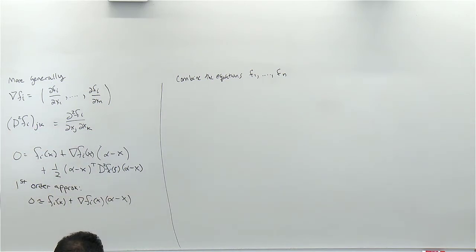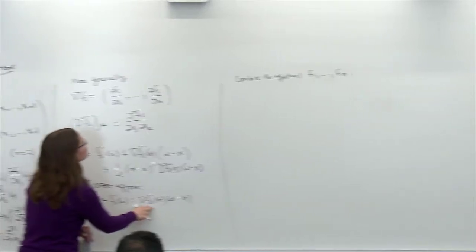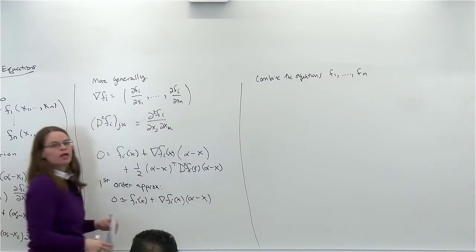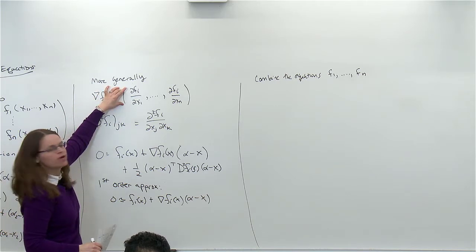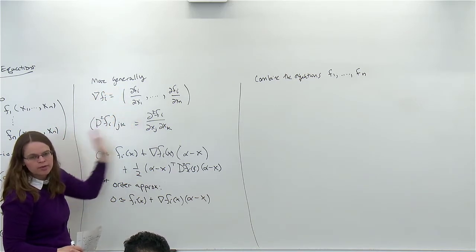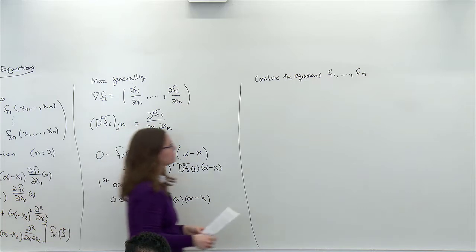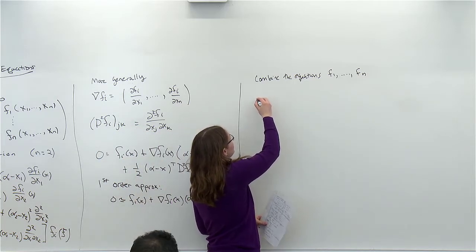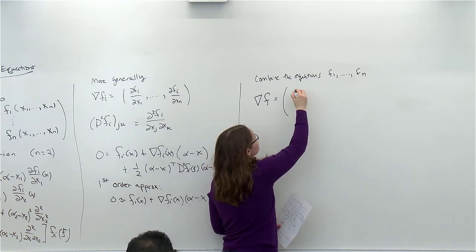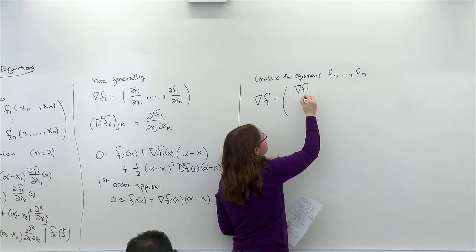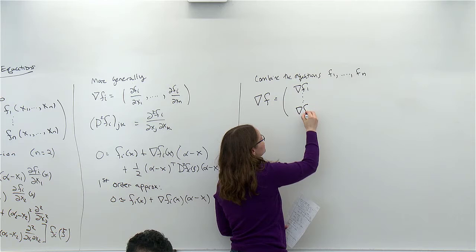For any particular component, this gradient is a vector. Now what I'm going to do is stack all these gradients. I'm going to have the gradient of f1, gradient of f2, and I'm going to stack them into a matrix. When I do that, I get what's called the Jacobian matrix. So this is gradient of f1 all the way down to gradient of fn.